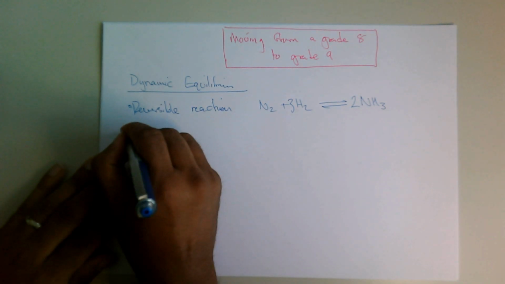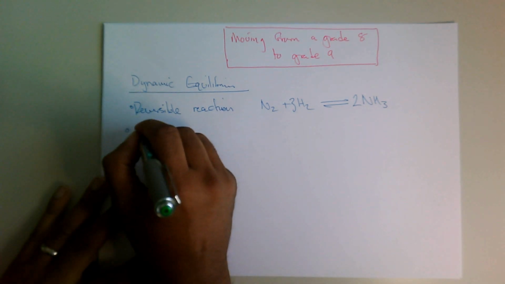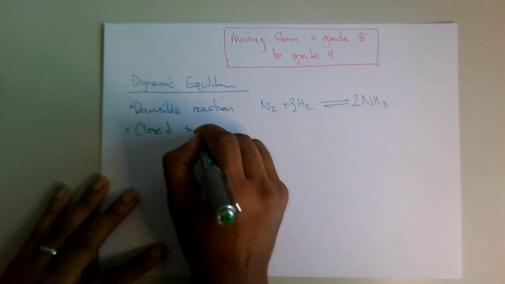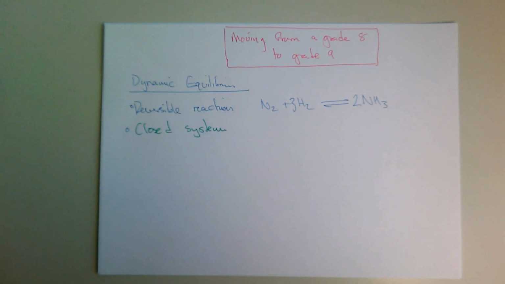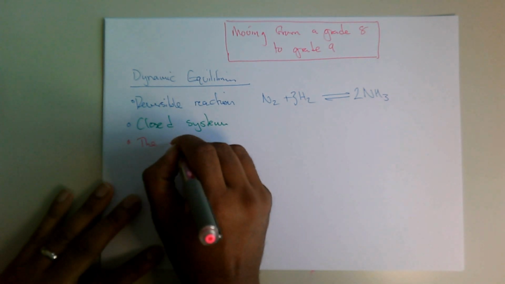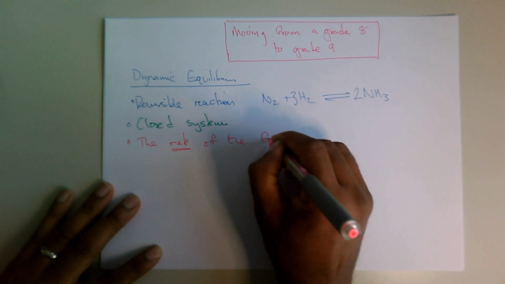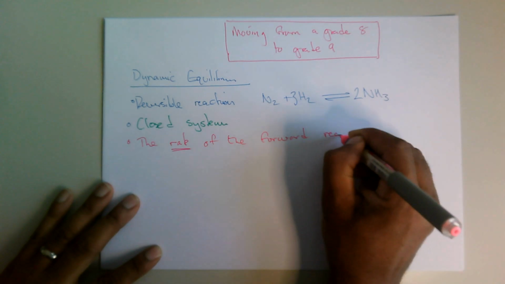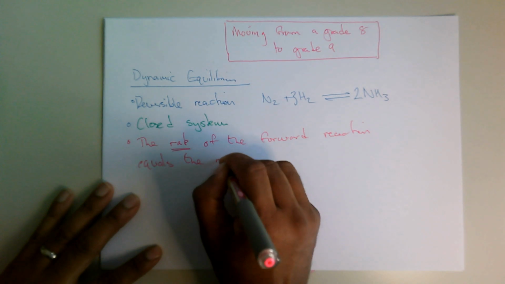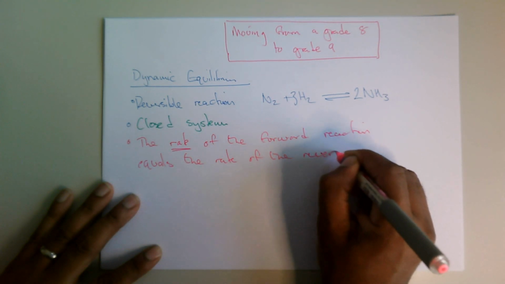So you need a reversible reaction. Secondly, you need a closed system, otherwise you will not reach dynamic equilibrium. And thirdly, the rate of the forward reaction equals the rate of the reverse reaction.